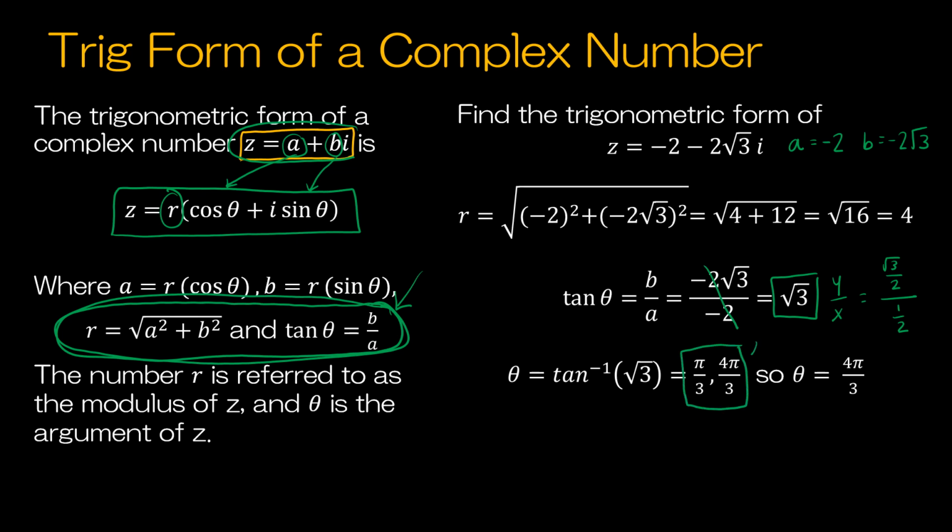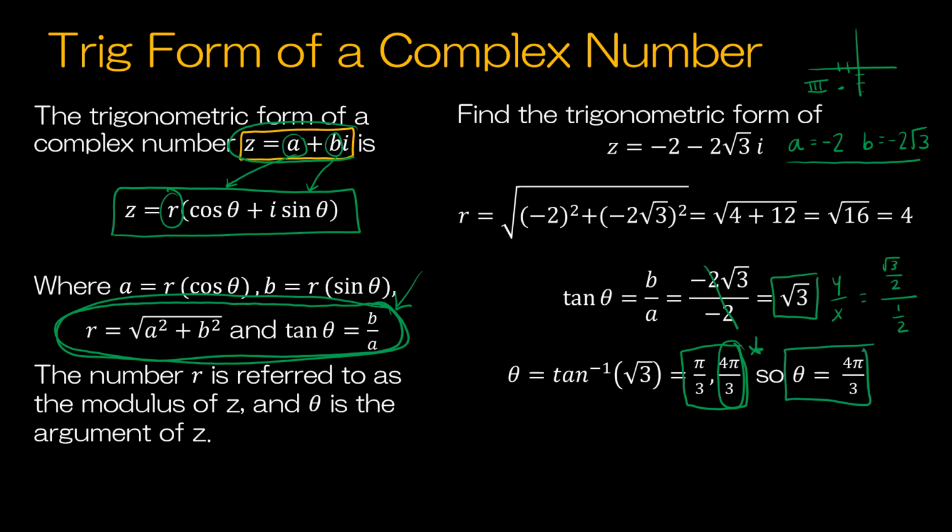So here's the trick. Only one of these is going to be correct. So I have to go back to my original complex number and say, if that was -2 and then -2 radical 3, that's going to be down here in the third quadrant. So the third quadrant corresponds to the 4 pi divided by 3. So that's the theta that I'm going to use.